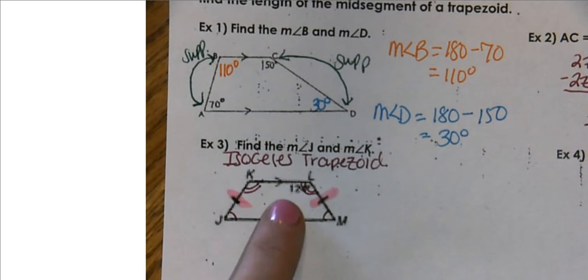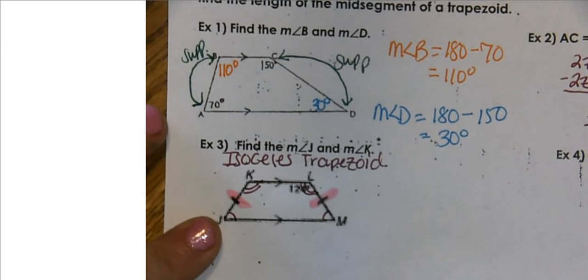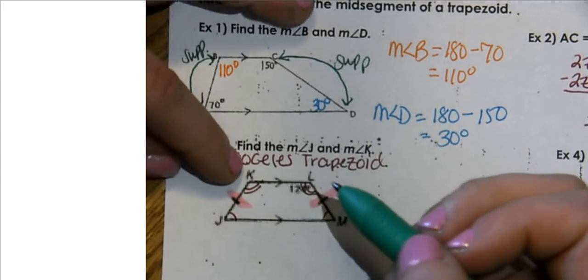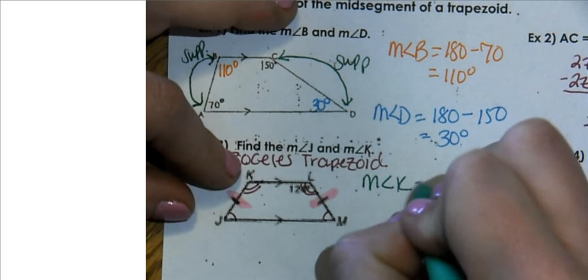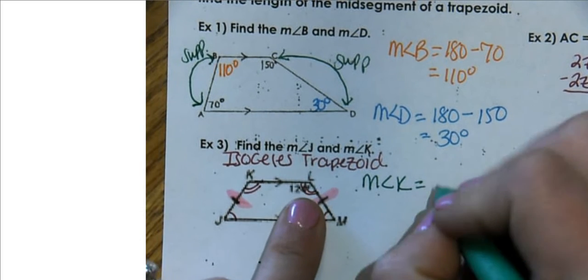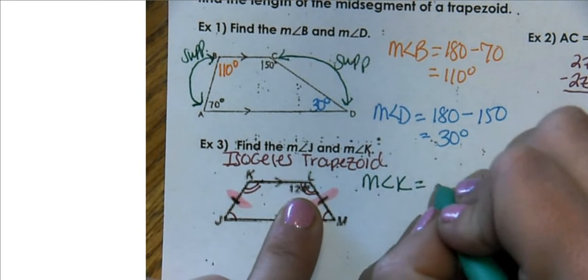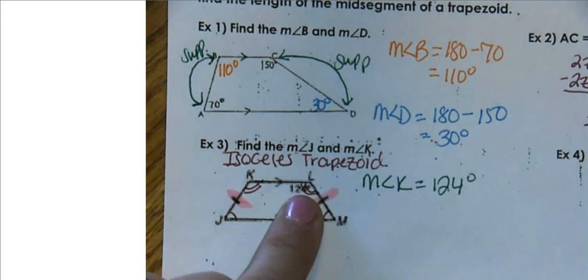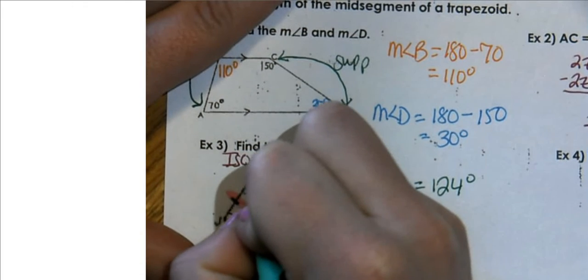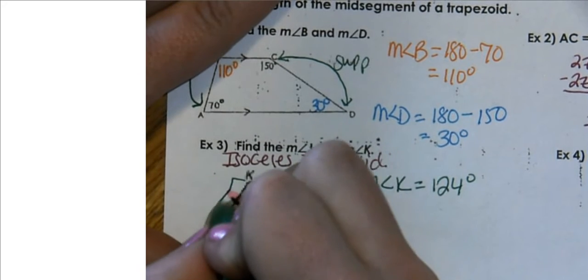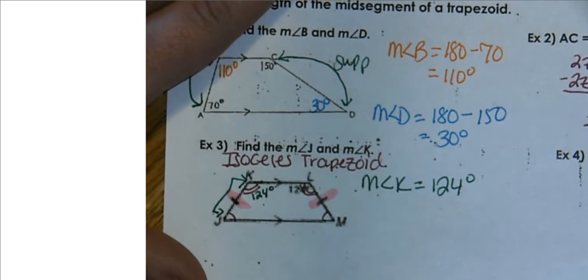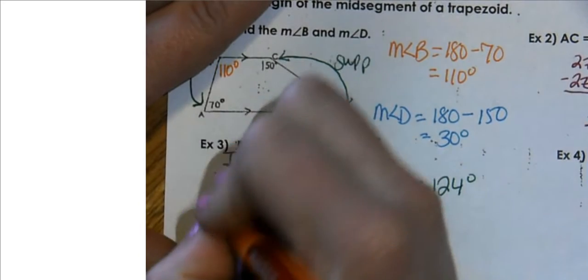What I do want to find is the measure of angle J and the measure of angle K. So the measure of angle K is actually going to be pretty easy. That is equivalent to the measure of angle L, which is a base angle, and that's 124 degrees. The other thing that I know is that we have consecutive interior angles, and consecutive interior angles are supplementary.